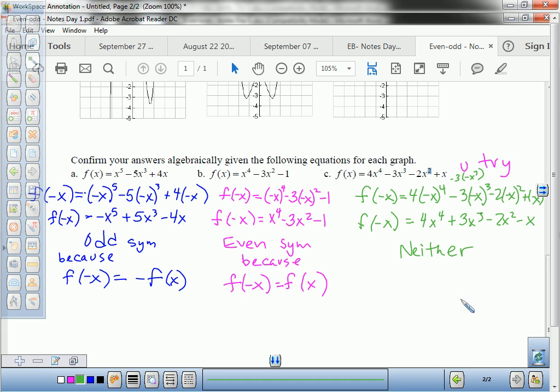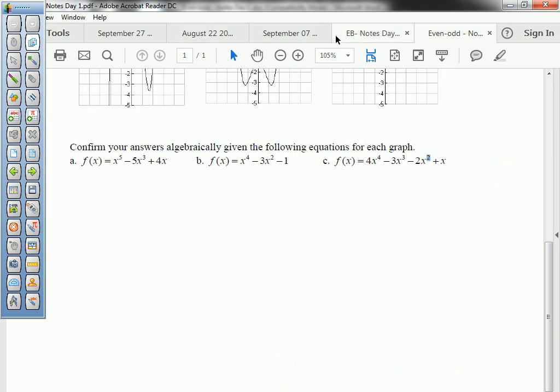Okay, so questions about symmetry? Not too bad. Okay, let's look at the back because this is complete review. We did this last unit. But this is a characteristic of a function. So we're looking at the characteristics of our polynomial functions now.